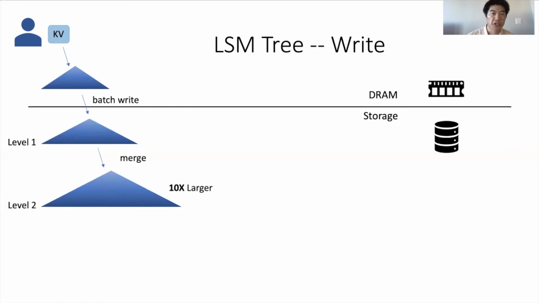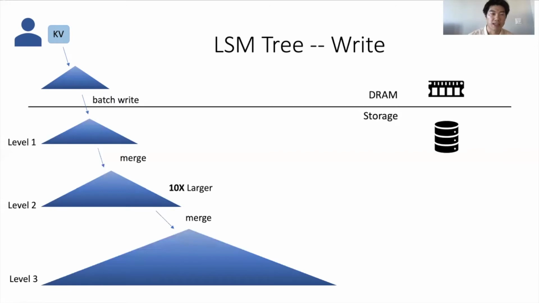So we can imagine as time goes on, multiple level 1 components merge into level 2, and the level 2 reaches its size limit. It will be further merged into the next level, and so on and so forth. In this example, there are 3 levels, but in a real production setting, there can be more levels.